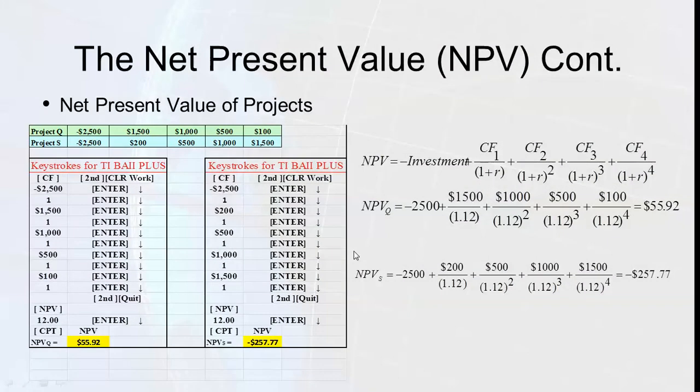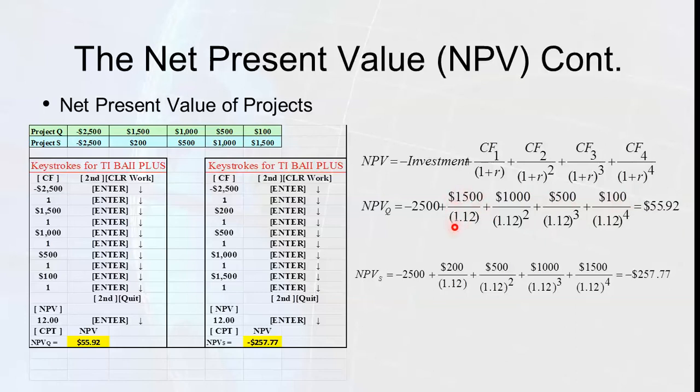So let's use our two projects, Project Q and Project S, and find the NPV. As you know, NPV equals the present value of all future cash flows minus the cost. Let's take the example of project Q. Our cost is 25 million, and our cash flows are 15, 10, 500, 100.